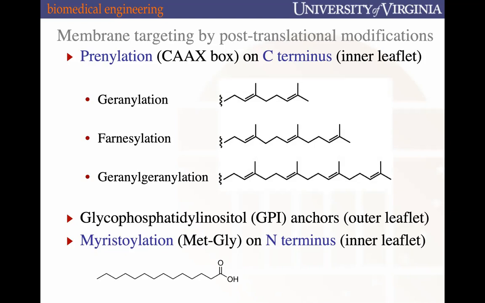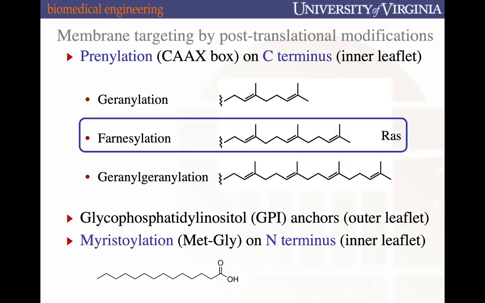So whenever there's a methionine and then a glycine, there's the possibility for myristoylation to occur on the N-terminus. And that tethers it to the inner leaflet. We talked about RAS and how that's an important monomeric G protein in the RAS-MAPK signaling cascade. And RAS is farnesylated, which tethers it to the cell membrane on the inner leaflet. We're going to talk about how that can go wrong during Noonan syndrome.